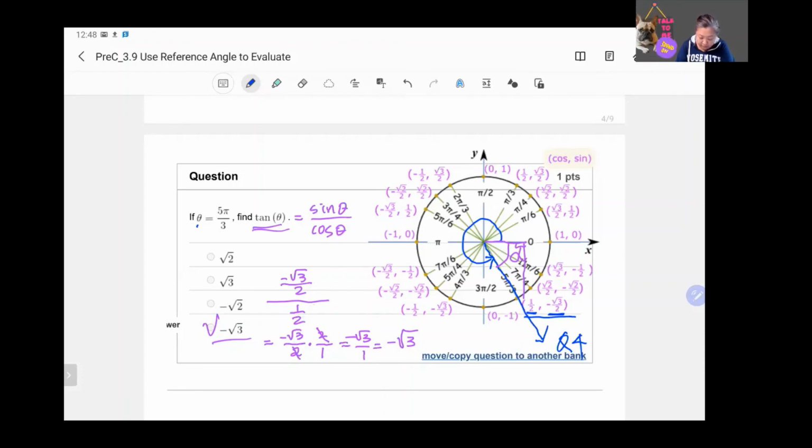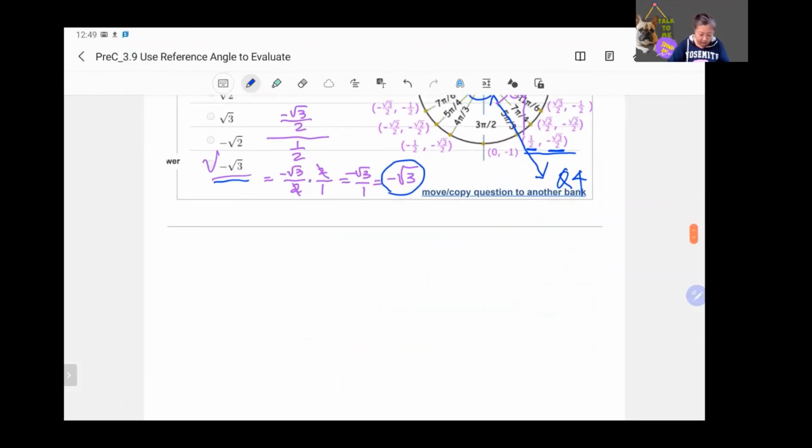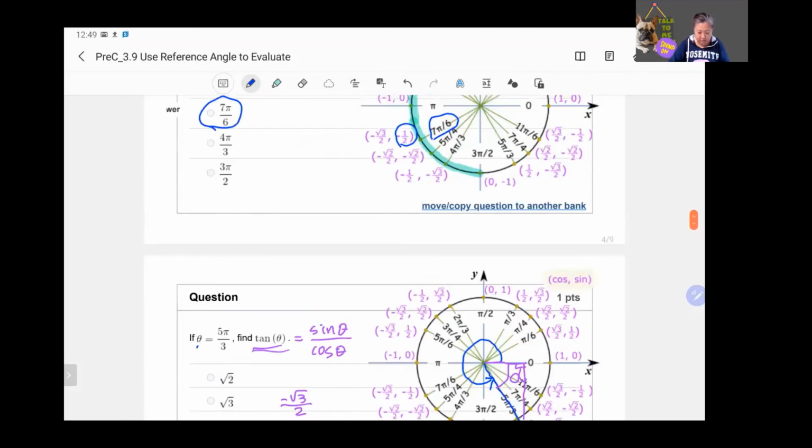And this is simply dividing. So if we deal with the fraction division, you multiply both fractions, but you get the reciprocal of the second one only. Then if I do it, and I get to cancel the 2 top and bottom, and then it's simply negative radical 3. And that's the answer here. And that was the last one, okay?